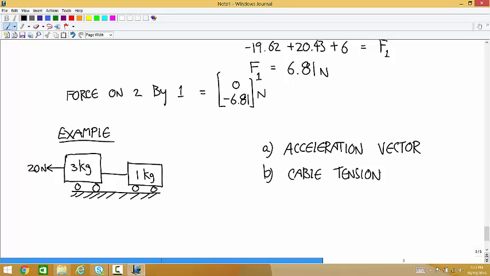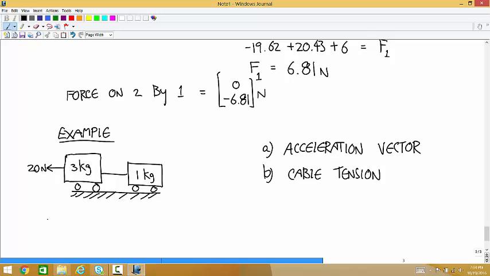Okay, so for part A, let's just do part A first. Anybody have a feel for what we want to isolate to calculate the acceleration? Yeah, you want to combine them. If you isolate either one of them individually, you're going to have too many variables. You won't know the acceleration and you won't know the force applied by that cable.